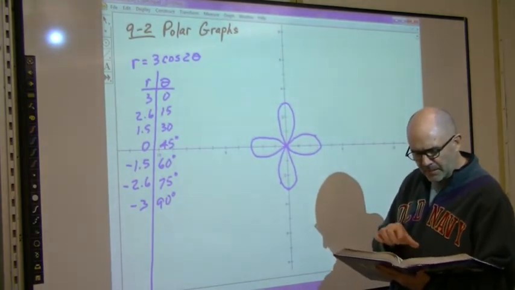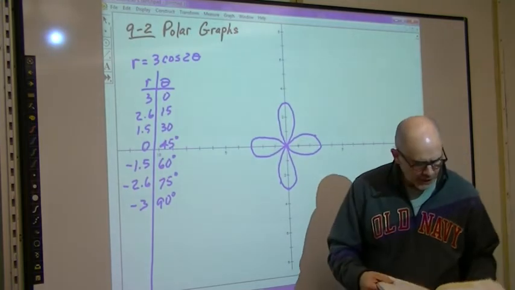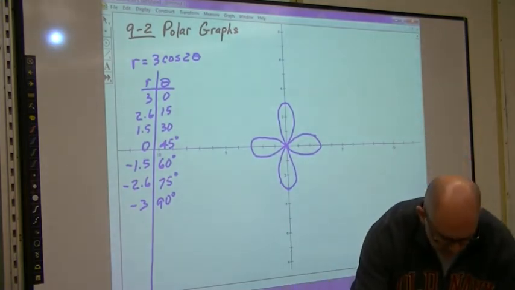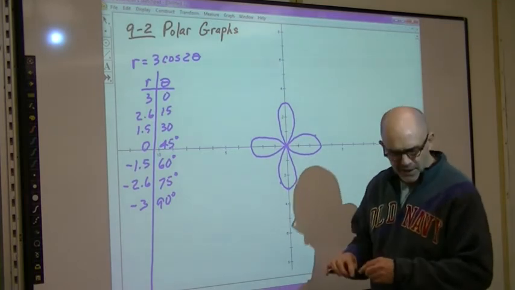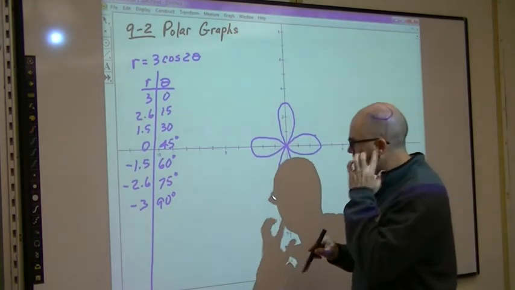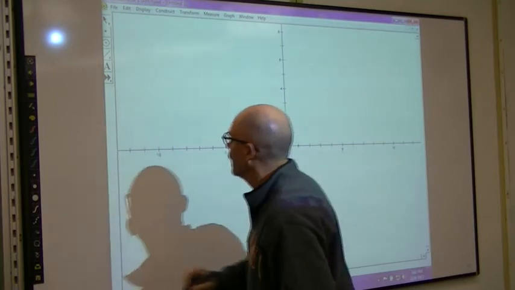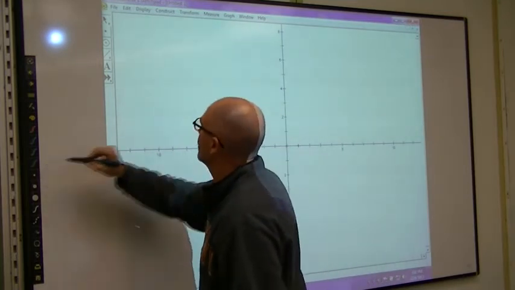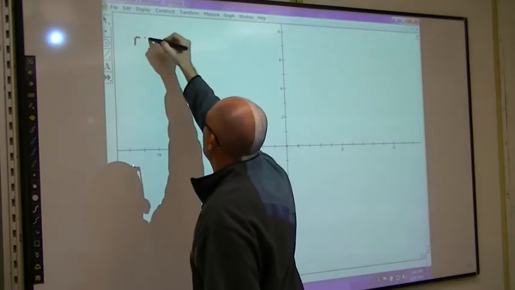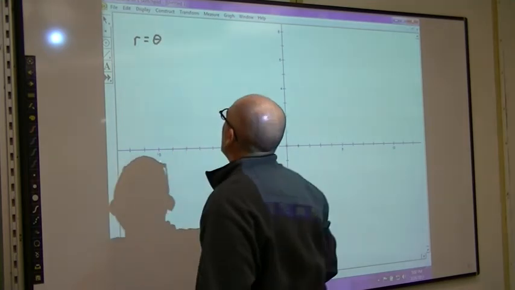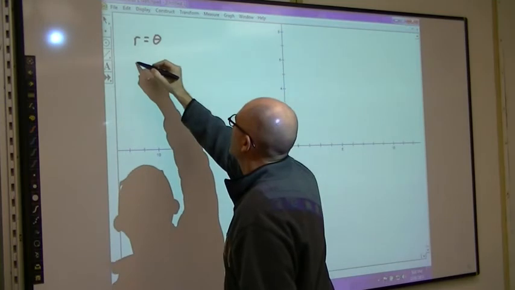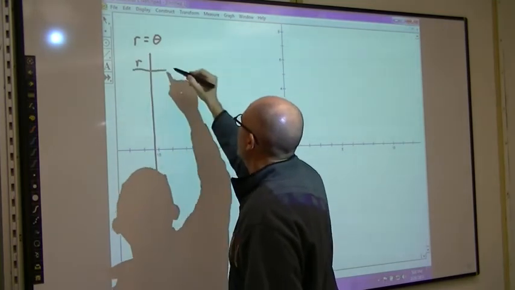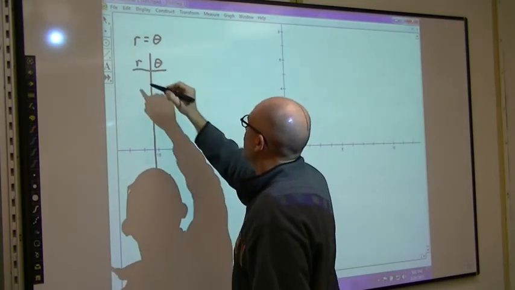So the last type of classical curve is the spiral of Archimedes. And that's basically r equals a theta. Let's just take the simplest spiral, r equals theta, and we'll go in terms of theta in radians.